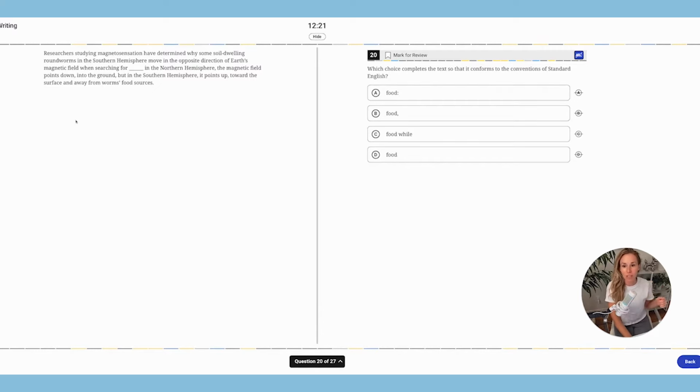Ooh, that's a complete sentence. Are they explaining more about that after? In the northern hemisphere, the magnetic field points down into the ground, but in the southern hemisphere, it points up toward the surface and away from the worm's food sources. Also a complete sentence. We need to have a colon, especially since this part is explaining more about the statement made in the first part.